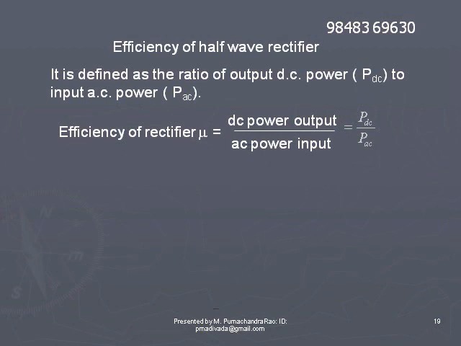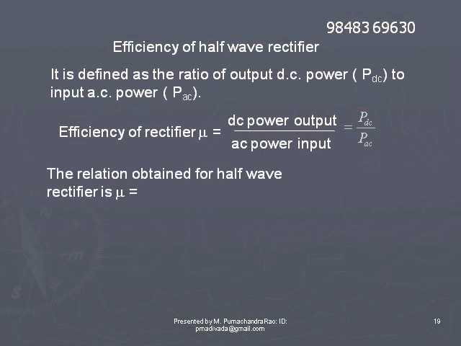The relation obtained for a half wave rectifier, the derivation is not necessary. The result is eta is equal to 0.406 into RL divided by RL plus RF.